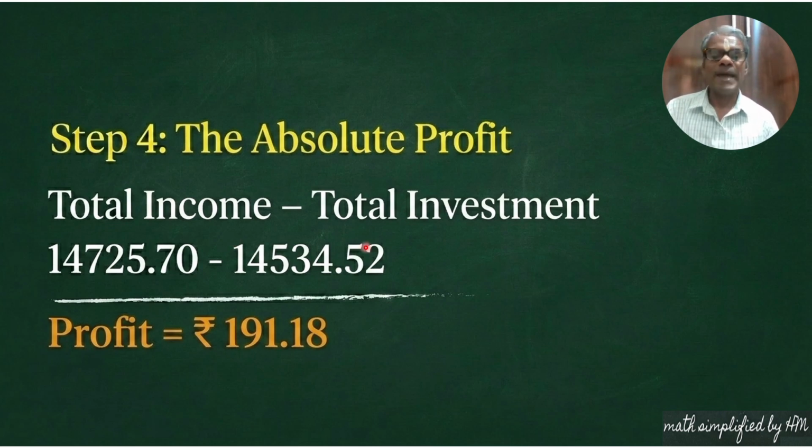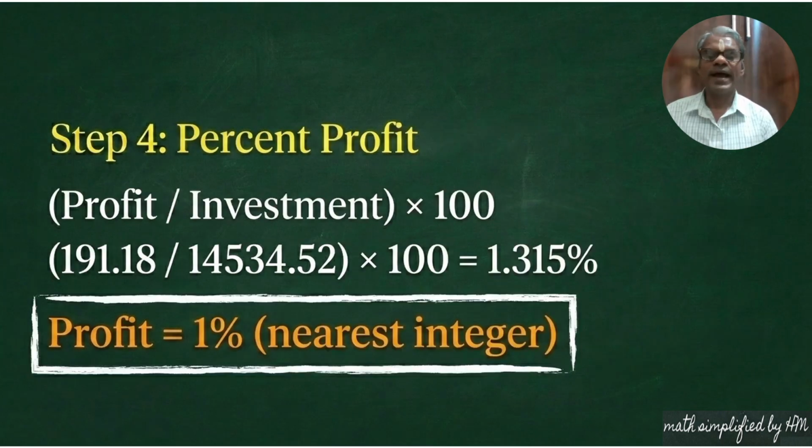Total income minus total investment gives us 14,725.70 minus 14,534.52 gives final profit is equal to rupees 191.18.